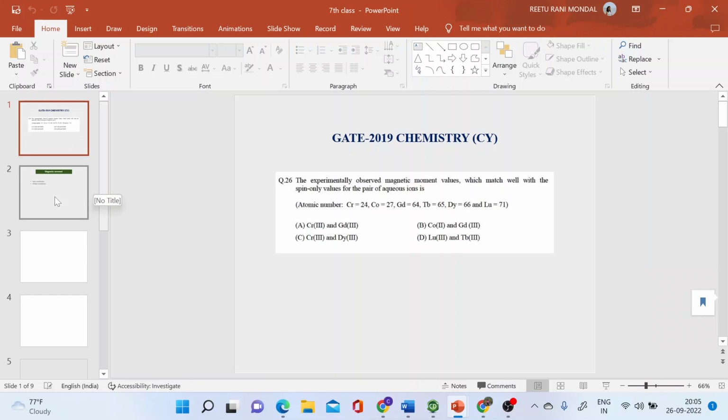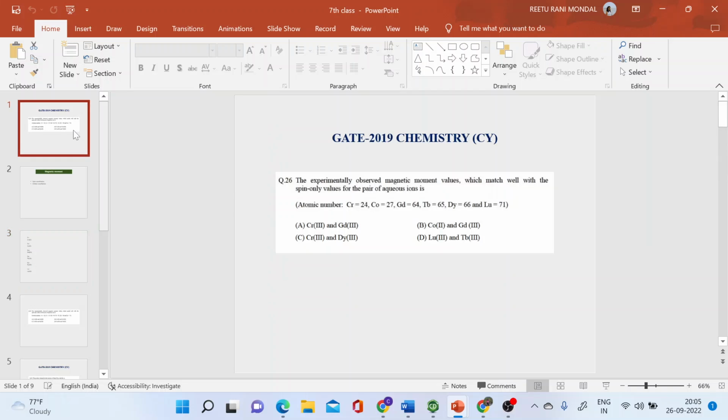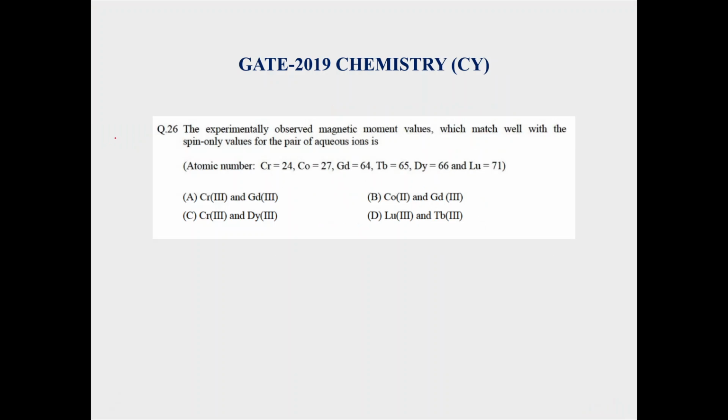This was the question, right? We were confused because of this chromium 3. Chromium is a d5s1 system, so chromium in the 3+ oxidation state means a d3 system, that is 1, 2, 3. Here we can see that all the electrons are symmetrically filled.